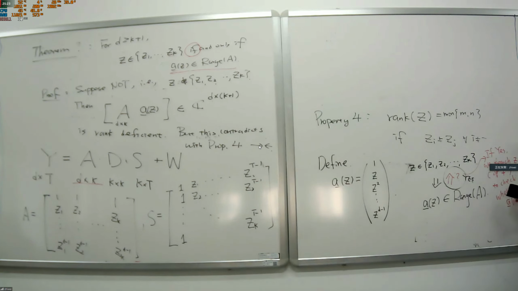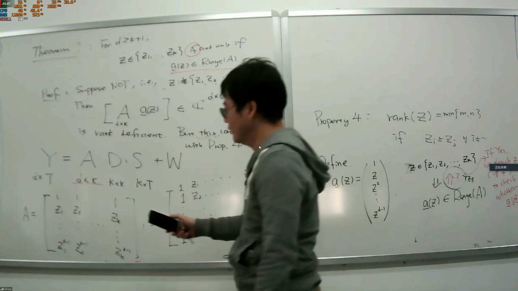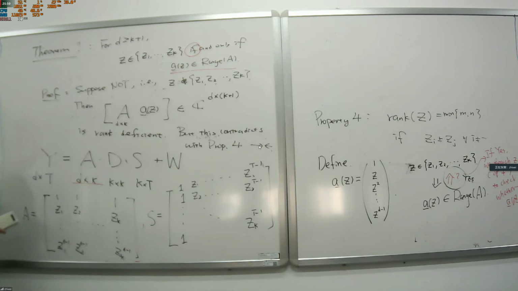So as I say, we can search Z1 to ZK, find out where they are, by checking whether AZ is in the range space of A. But we don't have the range space of A, because all we have is Y.